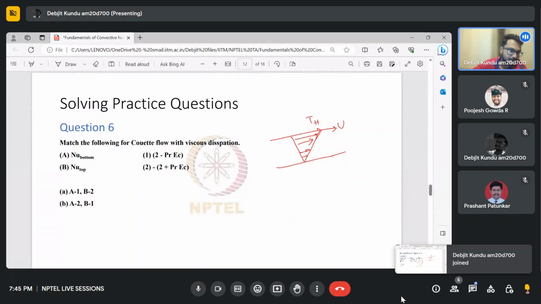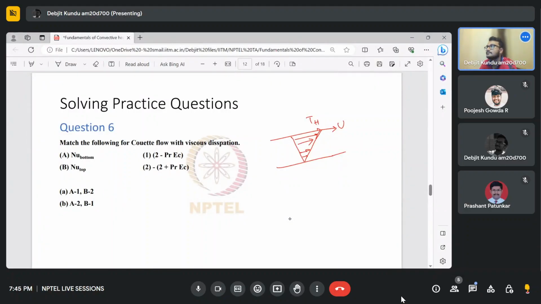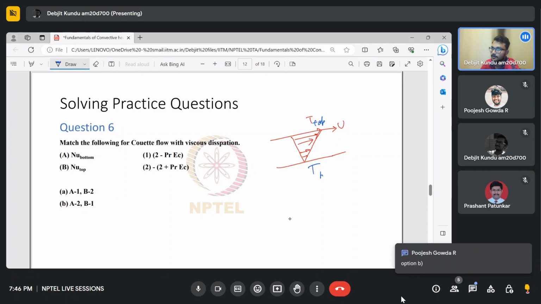The slides are visible, right? Okay. First of all, I'll call this T top and this one as T bottom.